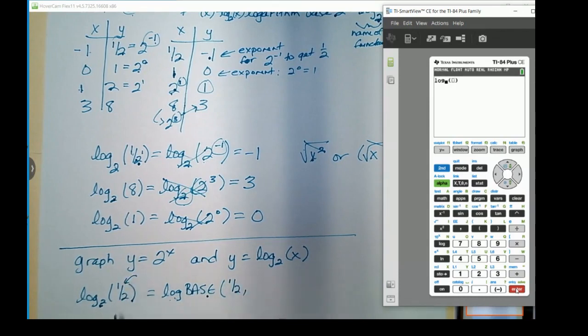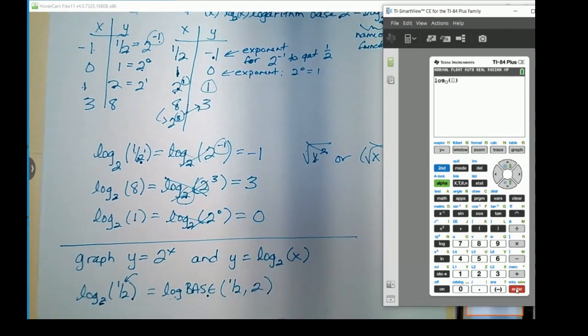So you have to put in the 1/2 first and then put in the base. Or you might have it where it comes up like mine did here, where it actually gives you a space to put in the base and a space to put in the input value. So in that case, we put the 2 in here and we put the 1/2 in here.